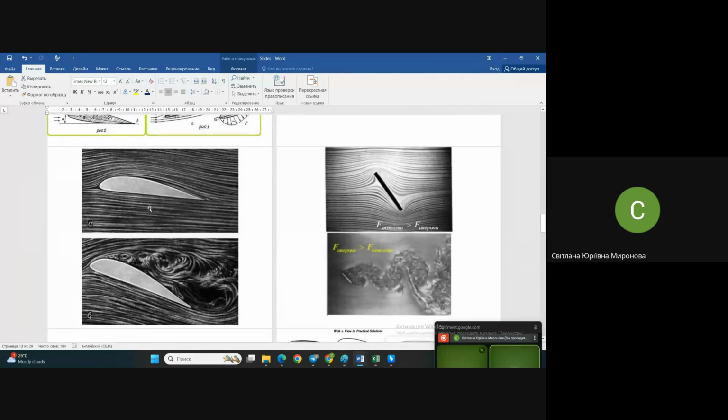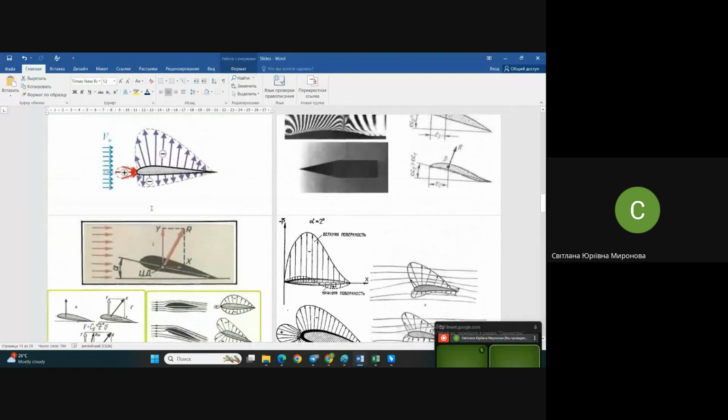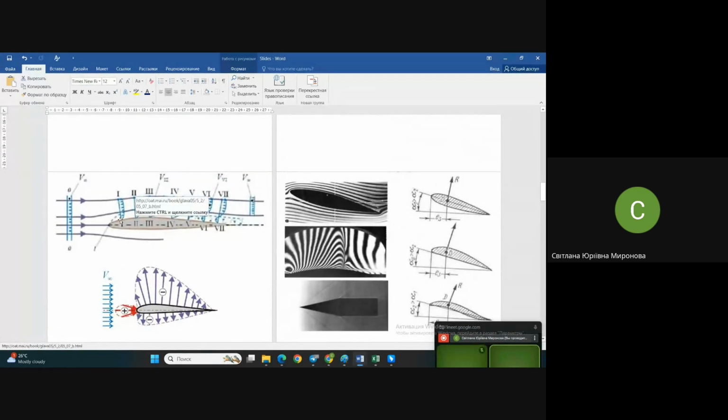A very important moment, as I said already, is the boundary layer, in real liquid, in real gas. It's visible from these charts that at the surface itself there is a full breaking of flow.